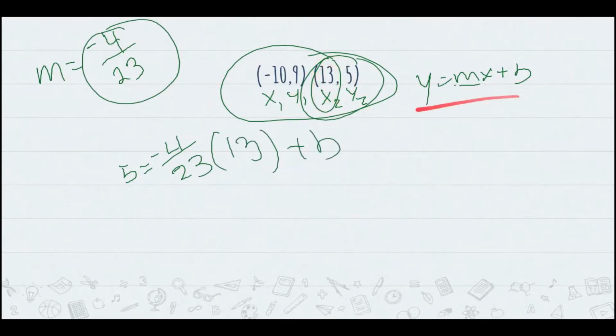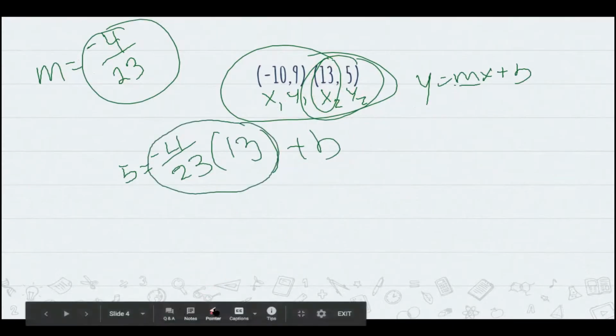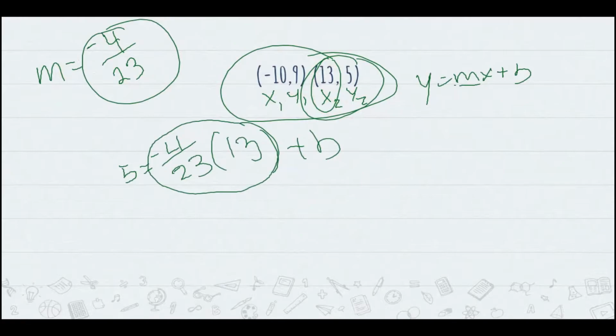So we first have to combine this. Negative 4 over 23 times 13 will give us, I'm just going to turn this into an improper fraction by multiplying 2 and 23 and then adding 6.